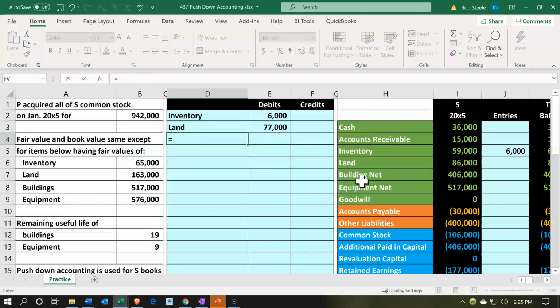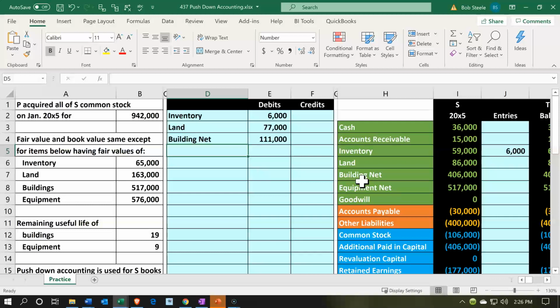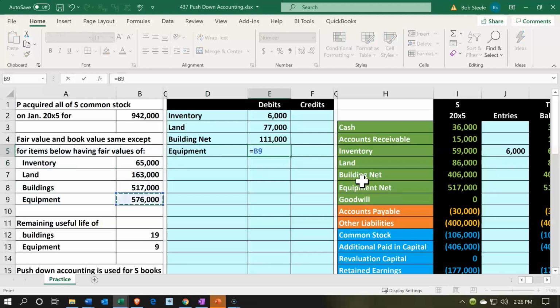So the building is going to be equal to the 517 minus the 406, and the equipment is going to be equal to the 576 minus the 517. So we're going to increase those amounts.